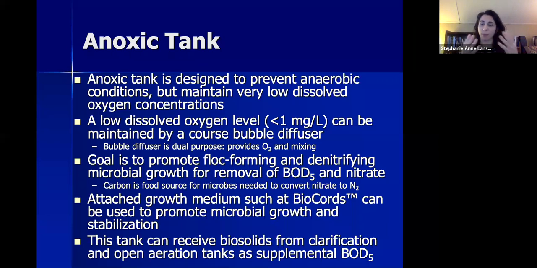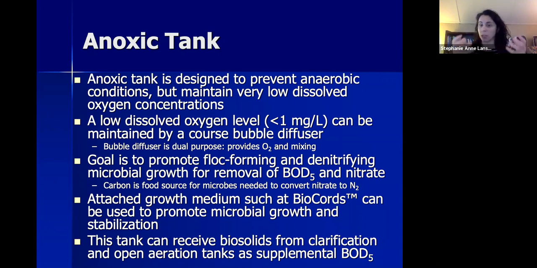What's great about this tank is that we still have carbon in there and microbes which they need for the denitrification process because they're heterotrophic organisms that use carbon as their energy source to reduce the nitrate into gas.